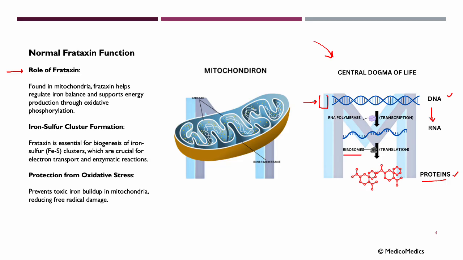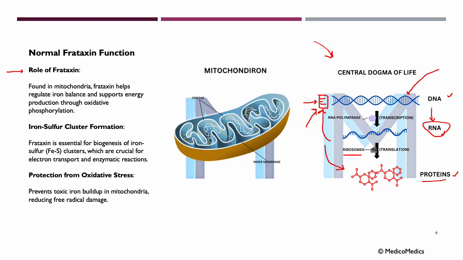So, to say it in a different way, we have a recipe, our DNA. Then we have the chef, our messenger RNA. He interprets this genetic code or this recipe and then starts producing the proteins according to the instructions given. And it's the same with Friedreich's ataxia.